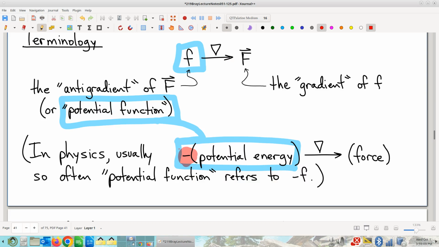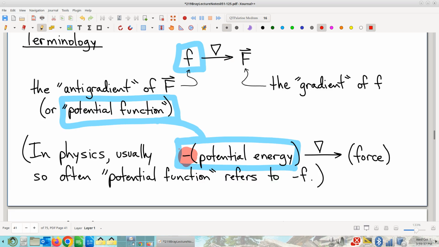It's unavoidable. Let's think about the easiest example we know, gravity. Potential energy is proportional to Z, right? The higher you go, the more potential energy you have. If your potential energy function is Z, the gradient is literally pointing upward. The force is literally pointing downward. That's how gravity works.